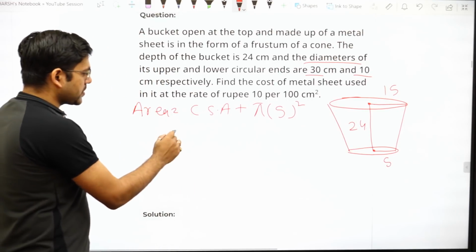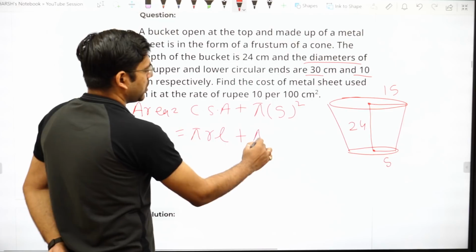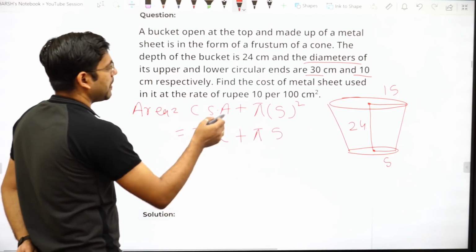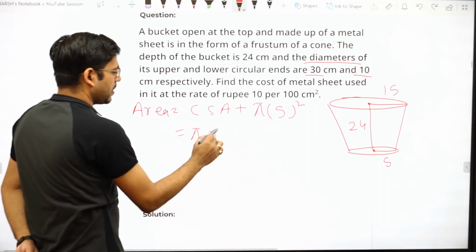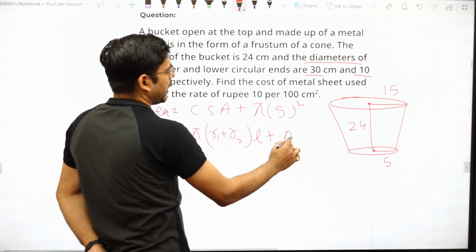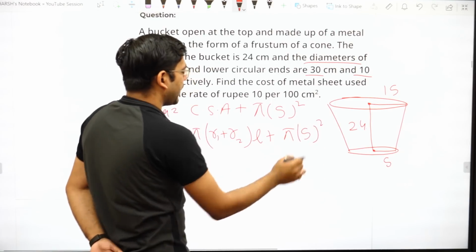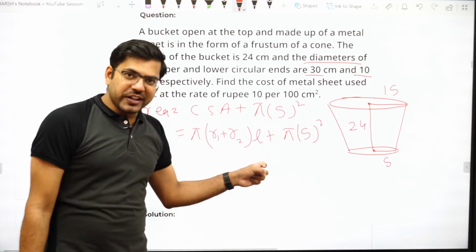For curved surface area the formula is pi times r1 plus r2 times L, plus pi into 5 square. Now I'll be putting all the values, but before that we need to find the value of L.